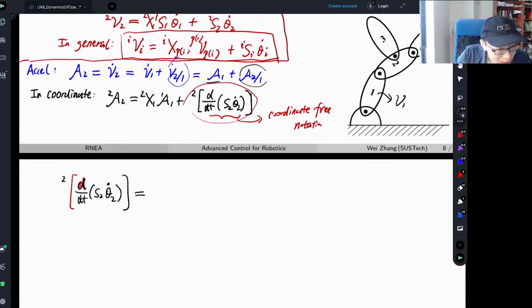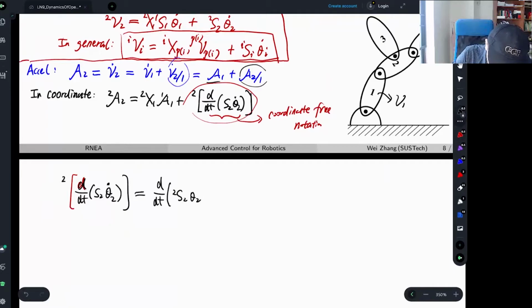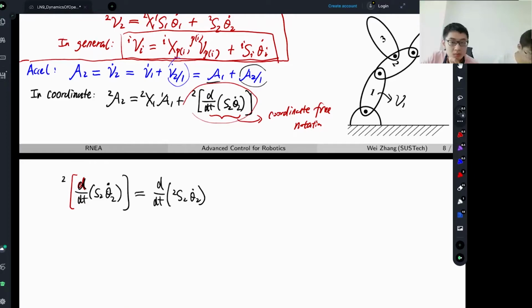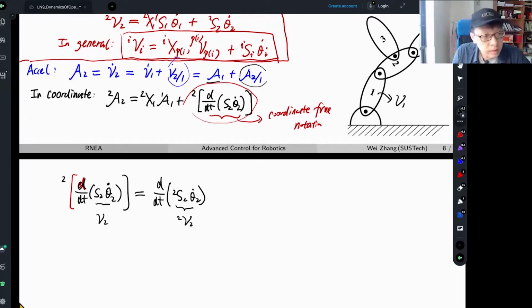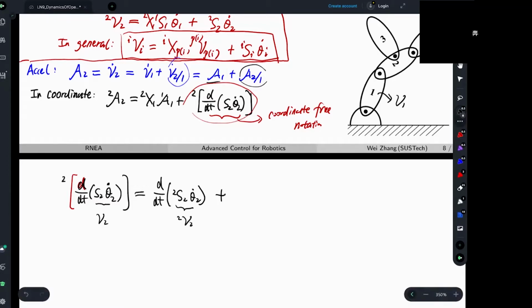It's first of all an apparent derivative, right? So it's d/dt of s2 into theta 2 dot, take the derivative. Agree? So this is my v2, here is my v2 in 2. This is a derivative of the coordinates. This is an apparent derivative. This part okay? And what else?